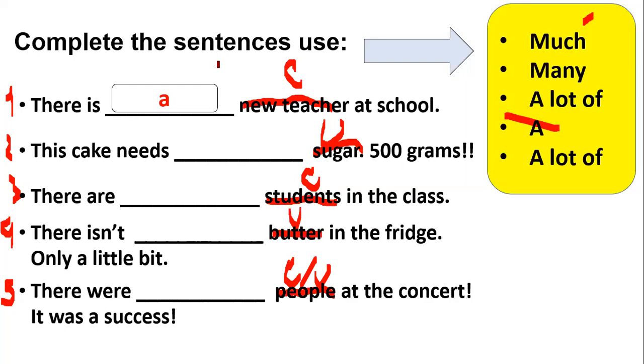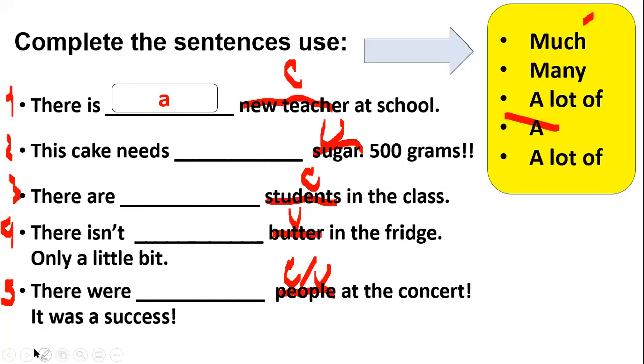All right, so let's check the answers. Number 1 is already answered. Number 2, okay, Mary also finished. Number 2 says, this cake needs sugar, 500 grams. What did you put? A lot of.